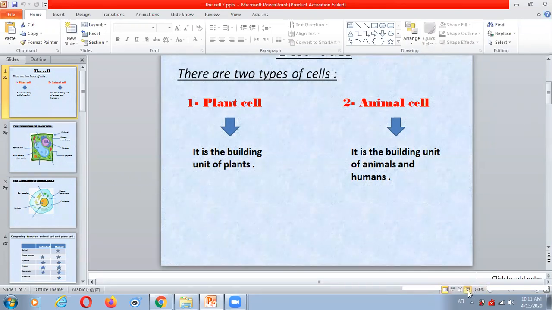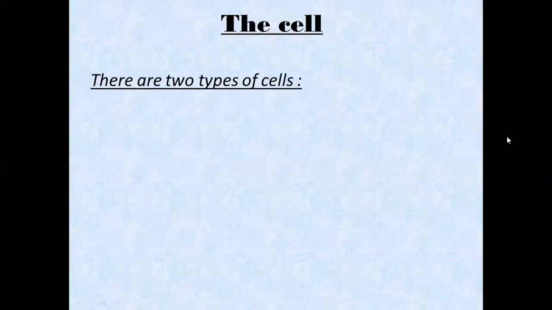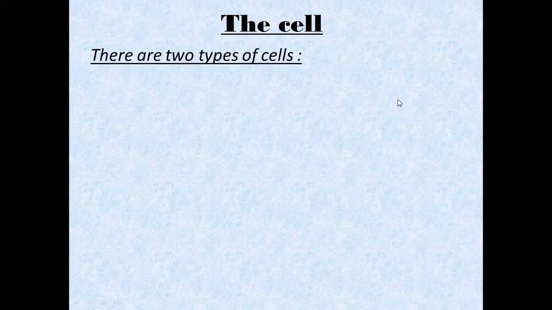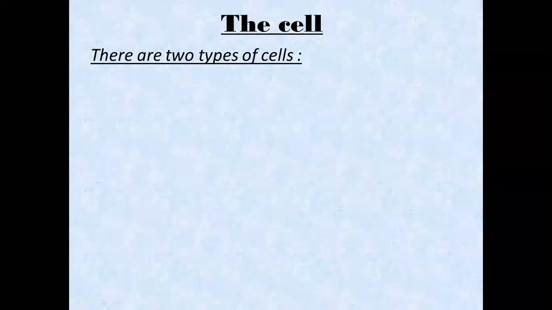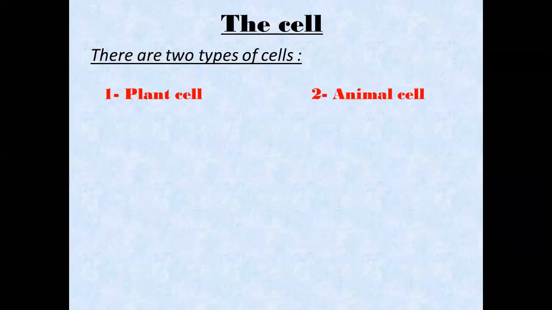Today we will continue our talk about the lesson of the cell. We will start with the fact that we have two types of cells. The first one is called plant cell, and the second one is called animal cell.